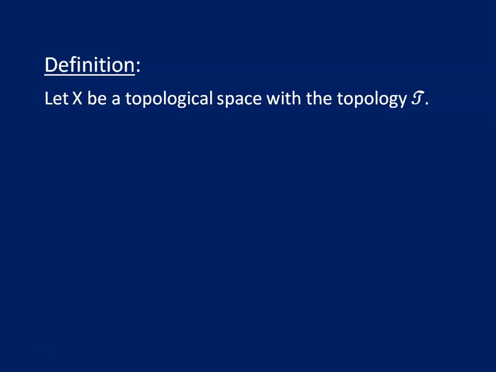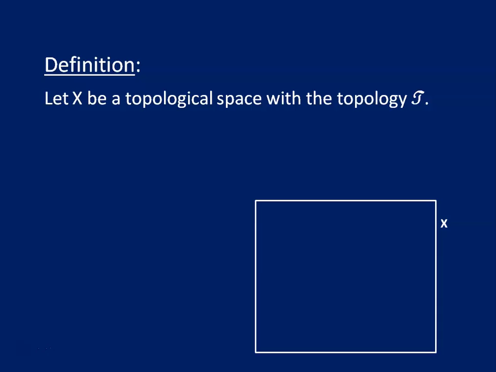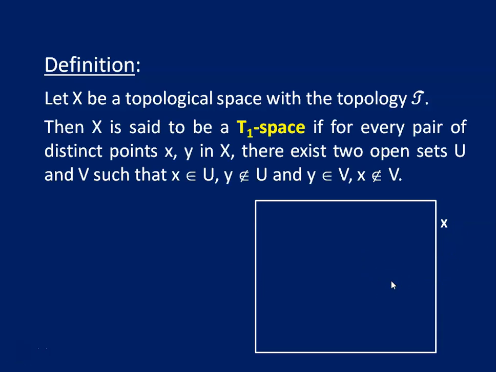Let X be a topological space with topology tau. Then X is said to be a T1 space if for every pair of distinct points x and y in X, there exist two open sets U and V such that U contains x but not y, and V contains y but not x.